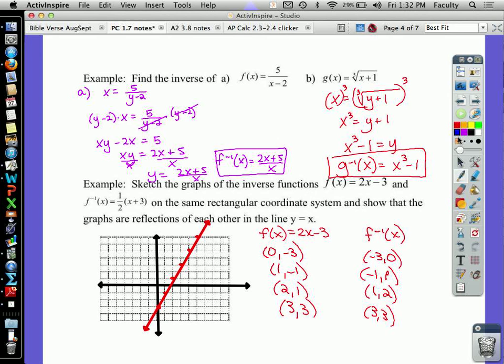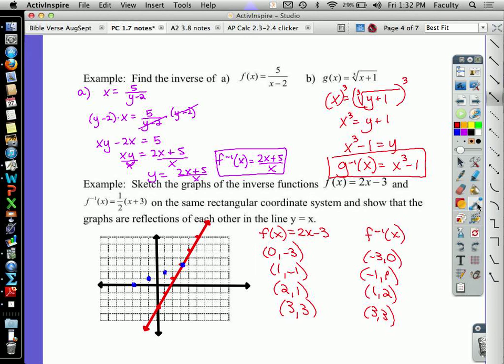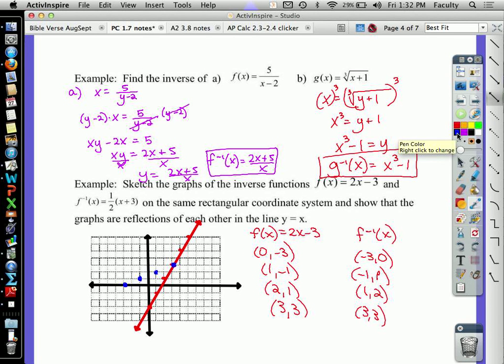So let me switch colors and plot these. Here's negative 3, 0, negative 1, 1, 1, 2, and 3, 3. And then what I want you to do is I want you to draw the line y equals x.